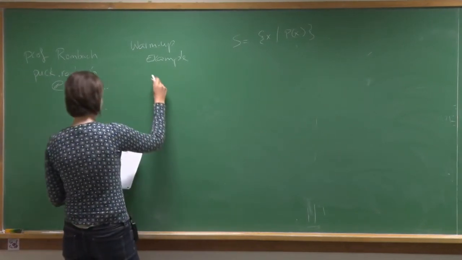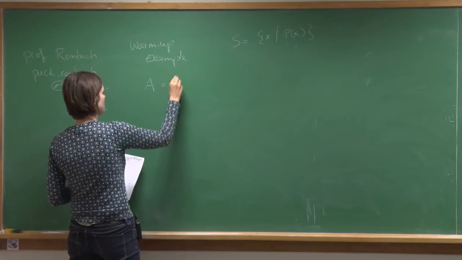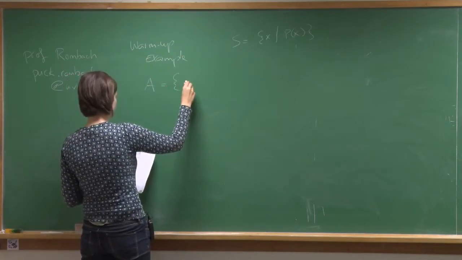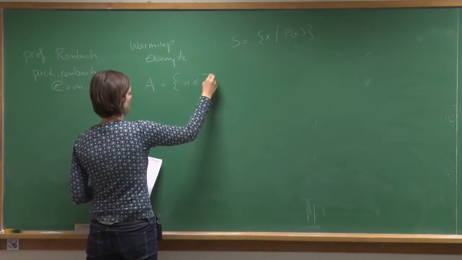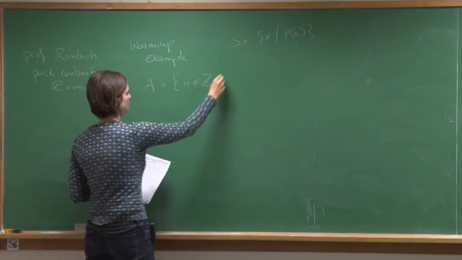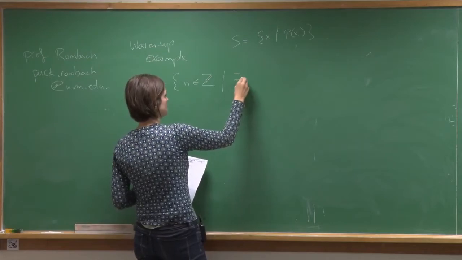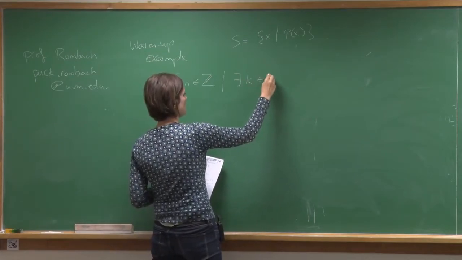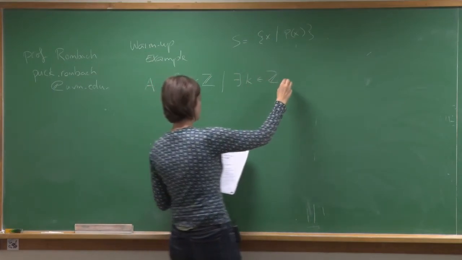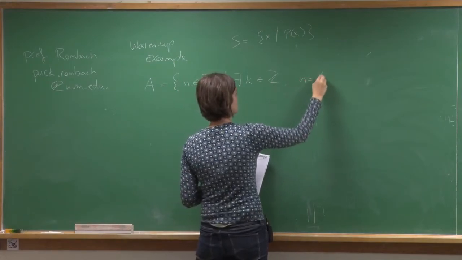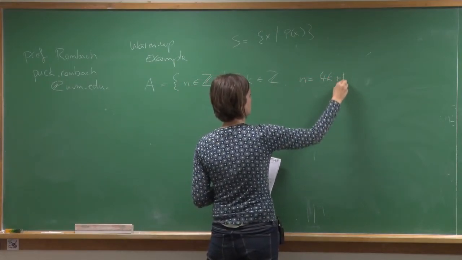So for example, let A be the set of elements n in the integers such that there exists a k that's also an integer, and n is 4 times k plus 1.